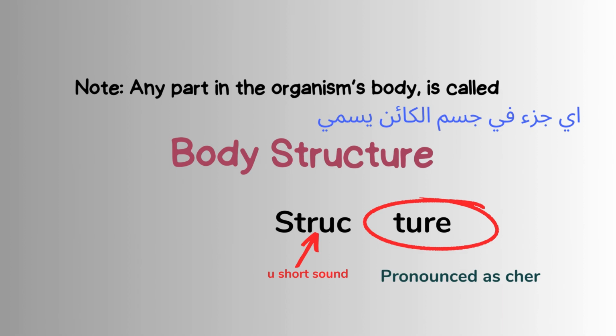Body structure. And the word structure is very easy, as we can divide it into 2 syllables: struck, then the syllable ture, which is T-U-R-E. Structure. So, any part in the organism's body, we call it here in science body structure.